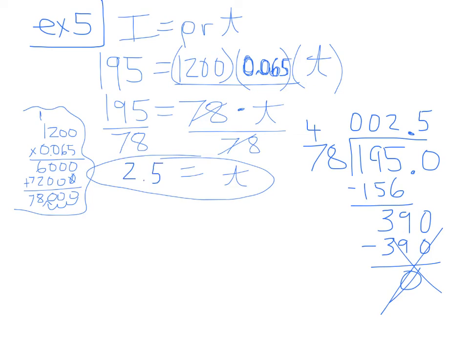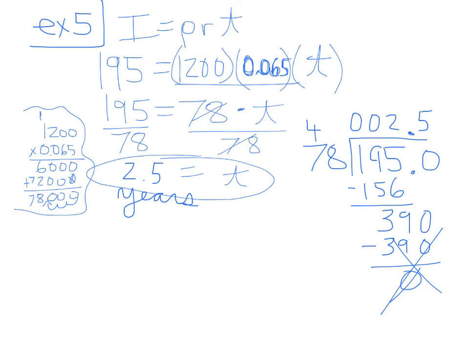And also remember that T is time, and the time is always in the form of years. So this would have to be 2.5 years, which you could convert to months. It'd be 2.5 years, which would be 12 months, and 6 months. So it ends up being 30 months. So it depends on what this is asking for, but this, you could just leave it as 2.5 years for the time. And that is how you do that problem.